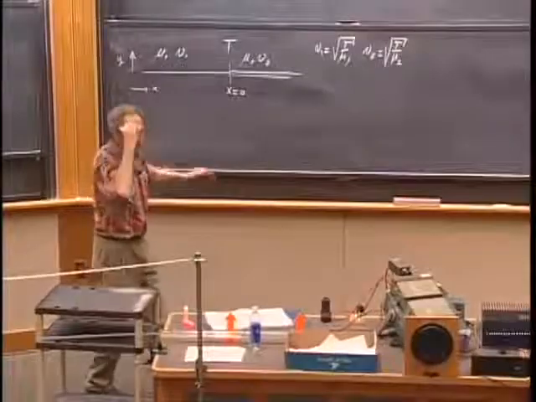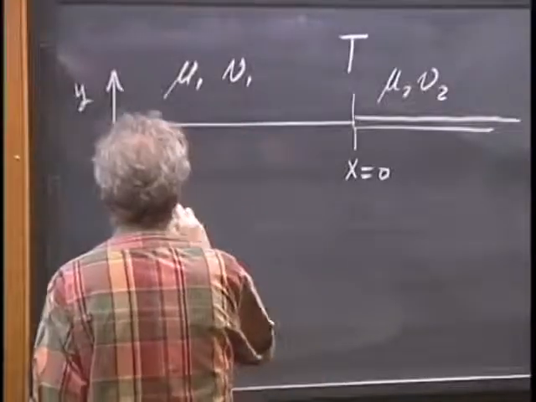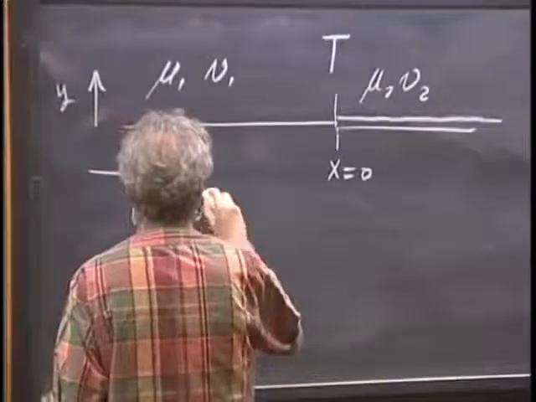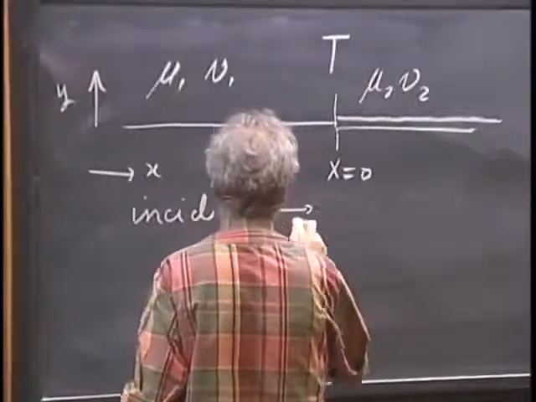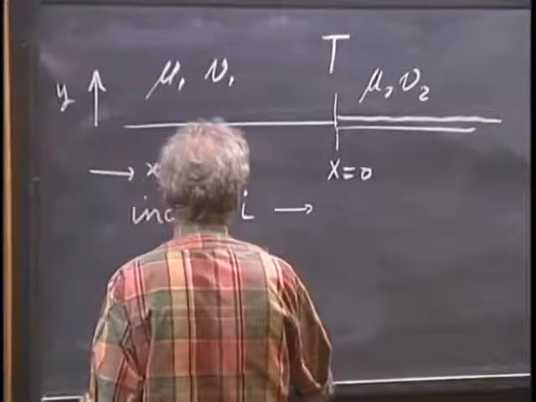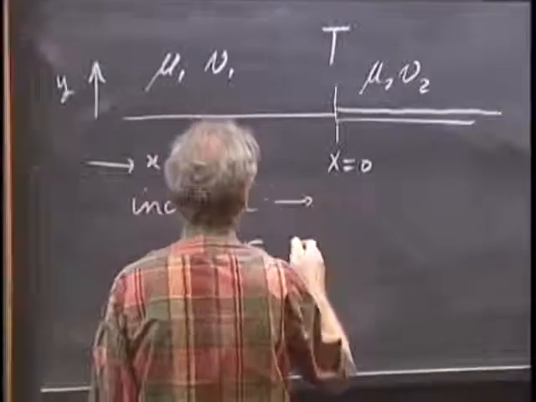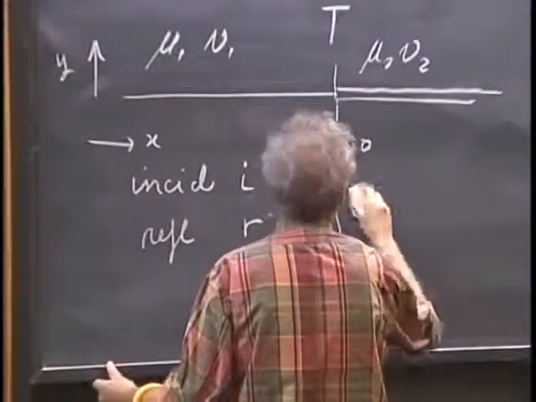I'm going to have a wave coming in from the left, which I call the incident wave, with subscript I, moving in this direction. Then there will be a reflection, which I call R. Something may come back, so that goes in this direction, both in medium 1.